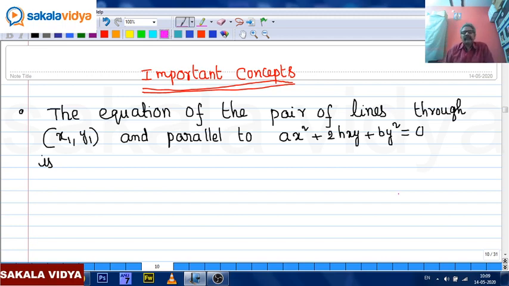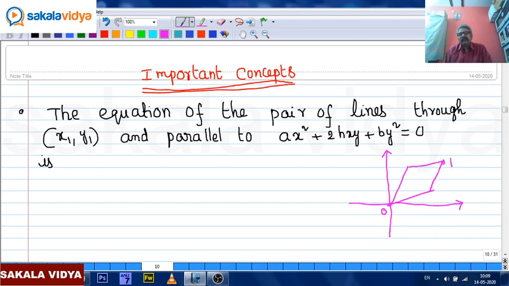So that means actually we need to find out like this. For example, this ax square plus 2hxy plus by square is equal to 0 is represented by these two lines. Now we need to find the equation of the pair of lines through x1 comma y1 parallel to these lines. You draw one parallel line, you draw the other parallel line.